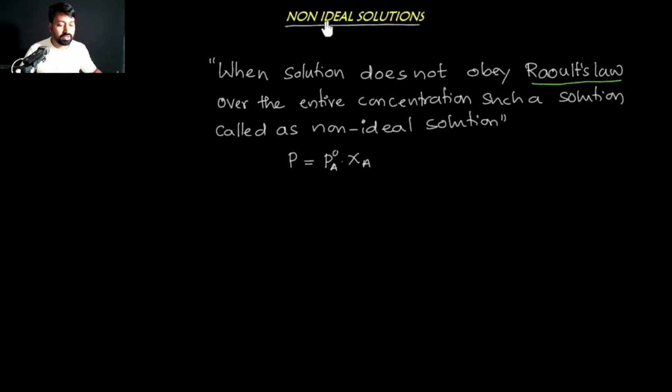Now, for a non-ideal solution, this equality is not present. This is not equal. Whatever pressure you measure in reality, in the laboratory, differs from the value calculated from Raoult's law. That means the theoretical value, or the value predicted by Raoult's law, and the practical value are different. Therefore there are two possibilities.